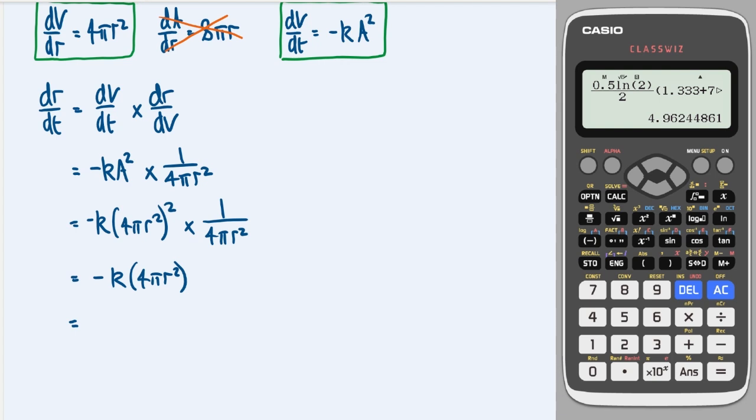Instead, what I'm going to do is I'm going to say that capital K is equal to little k times by 4 pi. So it's just an arbitrary constant, and so is little k, and so is big K, so I'm absolutely fine to do that constant swap. So I can write minus capital K r squared, and that is what we require.